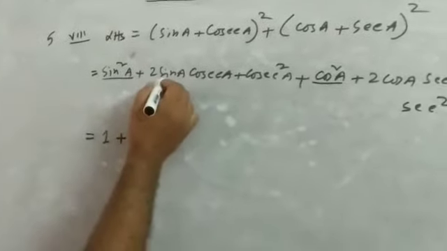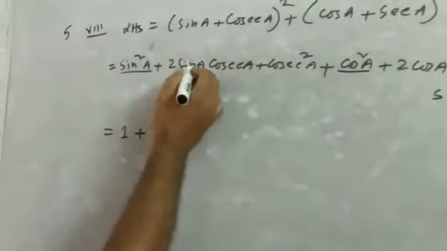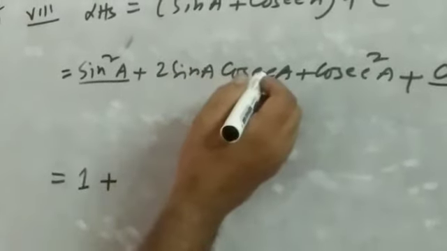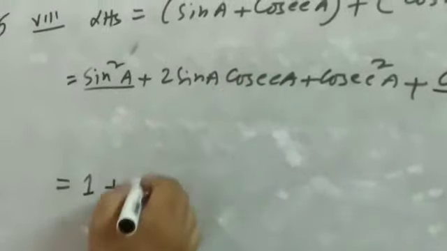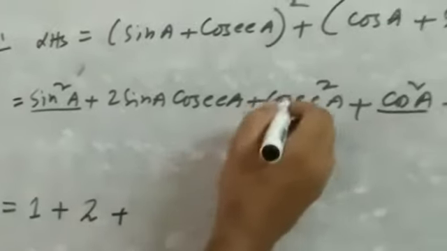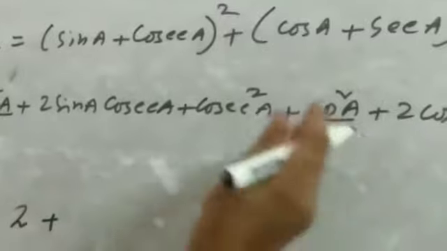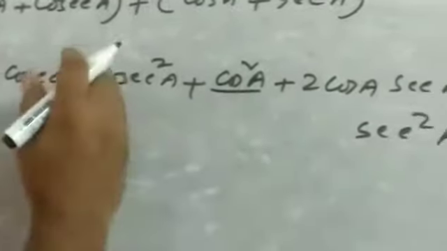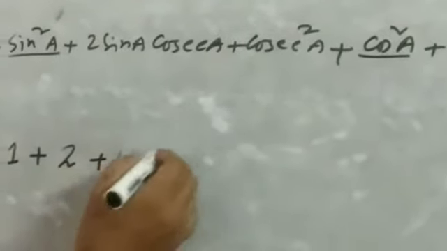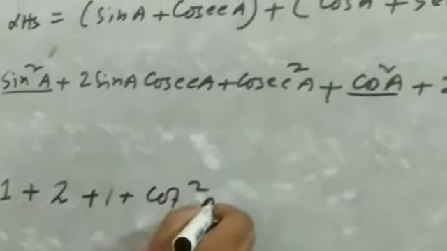Now this term, sin A into cosec A. Sin and cosec are opposite ratios, and you know the product of opposite ratios is 1. So 1 into 2 is 2, plus cosec square. Since the right hand side terms are tan and cot, we have to change this. So cosec square we can write as 1 plus cot square A.